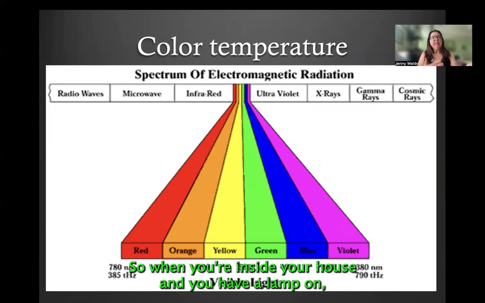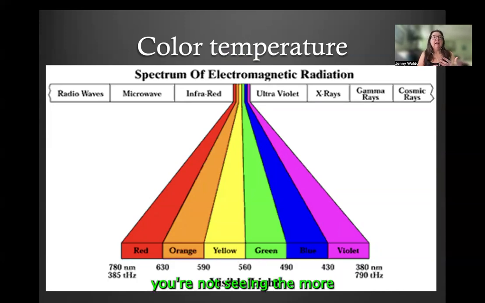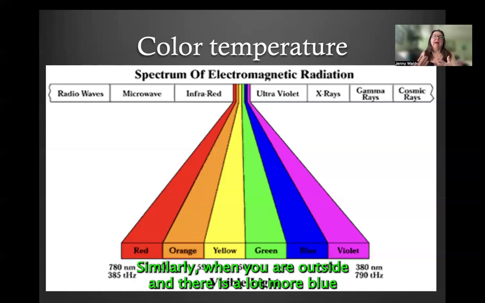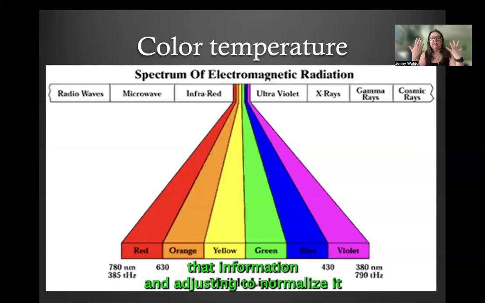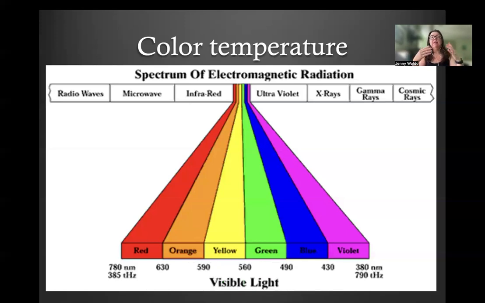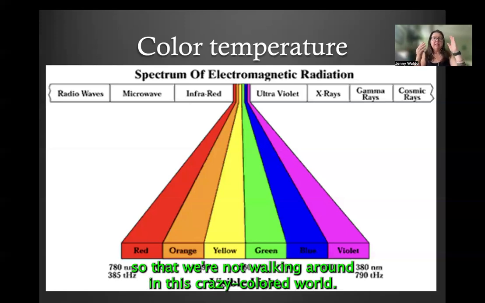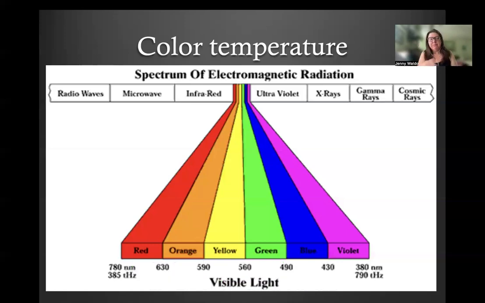So when you're inside your house and you have a lamp on, you're not seeing the more yellowish color of that light source. Similarly, when you are outside and there is a lot more blue and kind of violet color from the sun, you're not seeing light as blue. It just looks white because our brain is taking that information and kind of adjusting to normalize it so that we're not walking around in this crazy color scheme world.